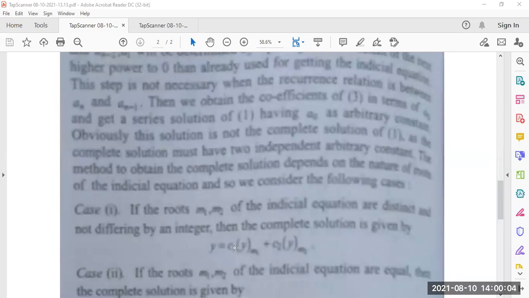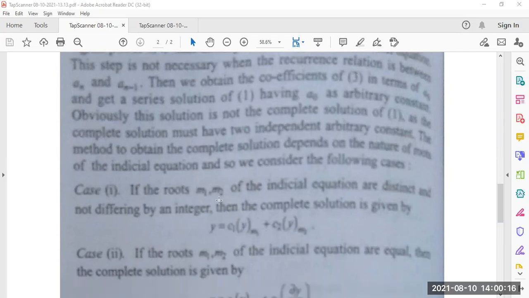Here the two arbitrary constants are c1, c2. It is the feasible solution, because the given differential equation was second order.